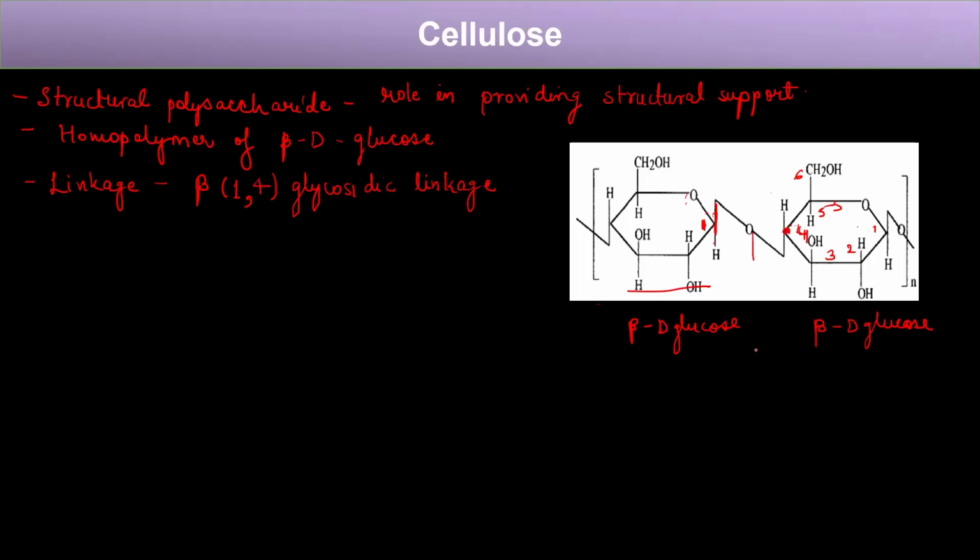So this is the beta 1,4 linkage. The n represents multiple beta D glucose units linked in the same pattern. This is how a cellulose structure looks, and it is linear. Starch and glycogen are branched, but cellulose is a linear structure.